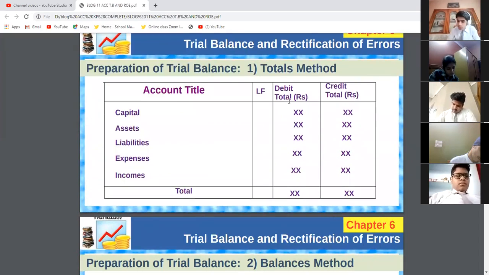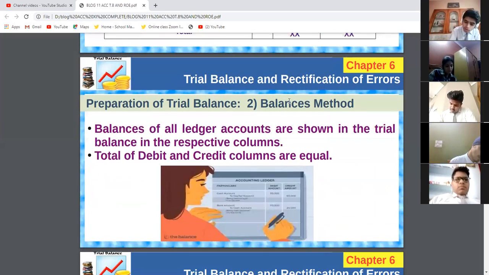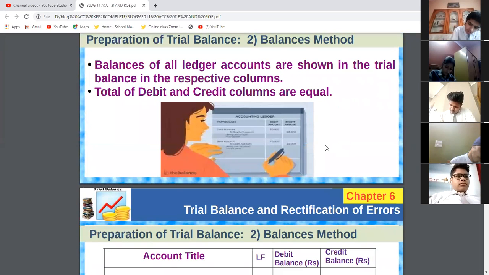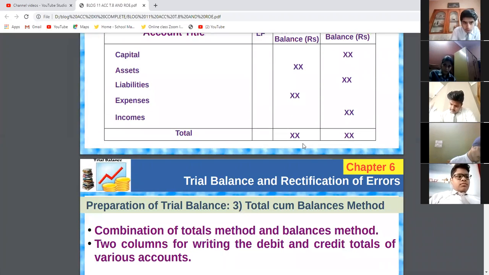Just note down the names only. Second is balance method, which I have explained to you. This method we will use in the accounting system.